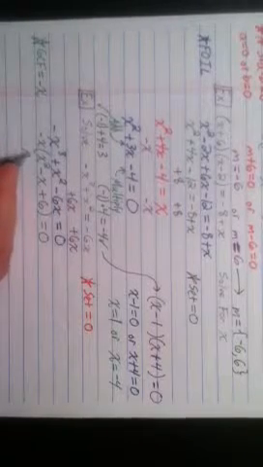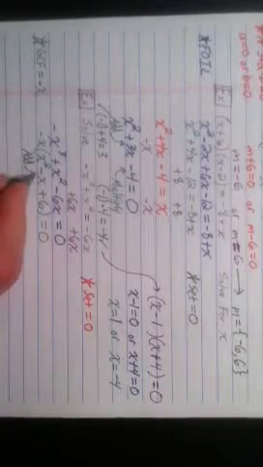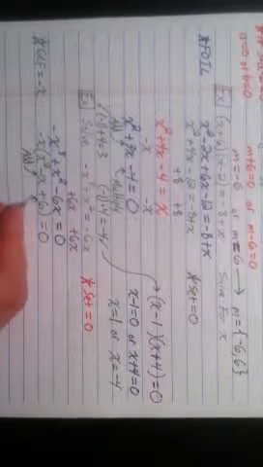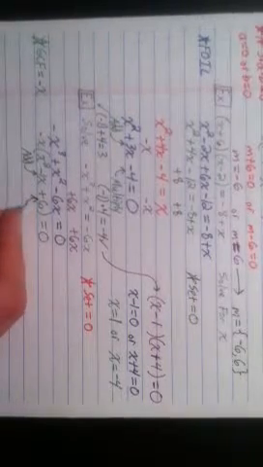Now that we pulled out the negative x, what is left inside the parentheses is something we can factor. It is of the form we want. So we need 2 numbers that will add to give us, technically that's a negative 1 there, that multiply to give us a positive 6.